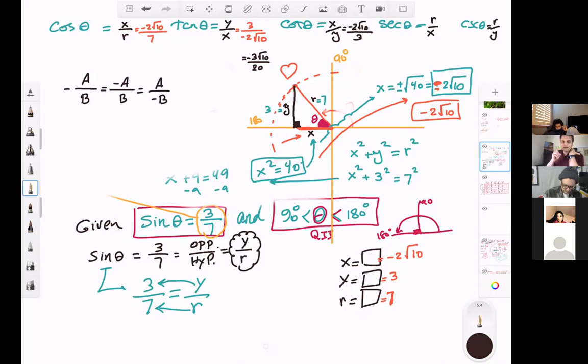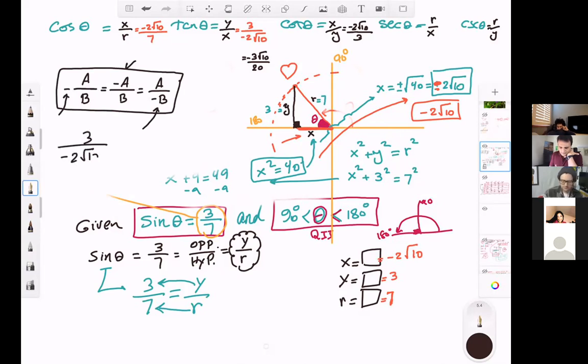So you can move them around as long as there's only one negative. All of them are the same. Usually we like to leave it on top, but this is fine too, just a little ugly. We had 3 over negative 2 root 10. I move this negative over here just to make it pretty. Those are the same.